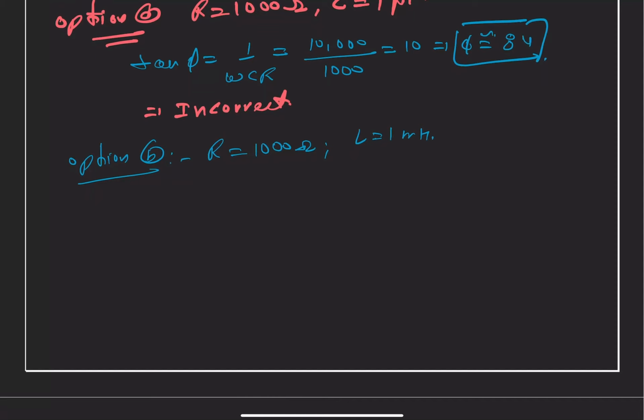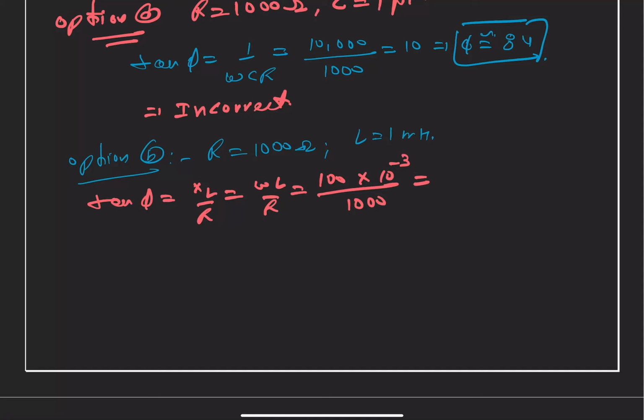Tangent of phi is equal to XL upon R, which is omega multiplied by L upon R. Omega is 100, L is 10 to the power minus 3, and R is 1000.